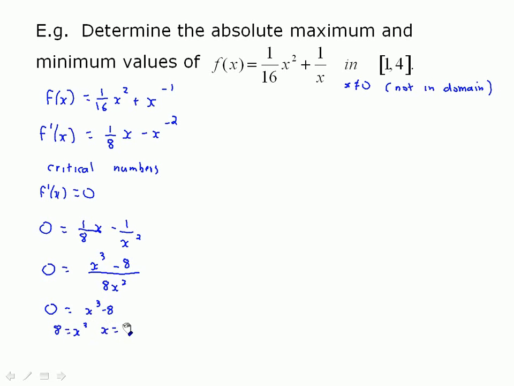Now where f prime at x doesn't exist, I am going to note this, even though it's not going to affect anything. That would be where the denominator is equal to 0. So x is equal to 0. Now this is outside the domain, so we don't pay any attention.